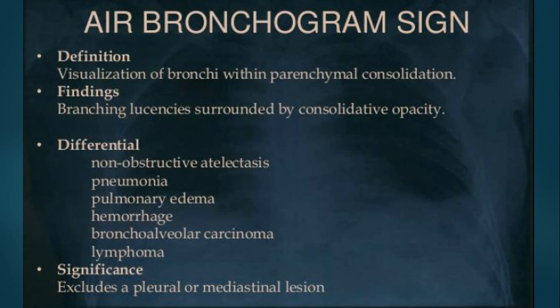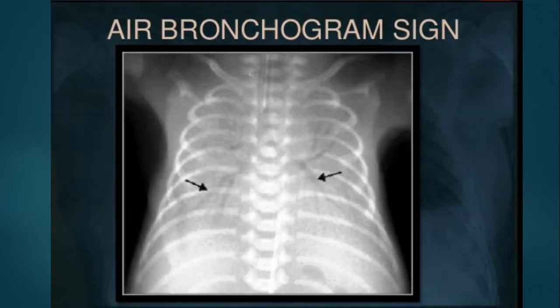And what's the significance? It helps us to exclude a pleural or mediastinal lesion, because when you see an air bronchogram, this means that the abnormality is in the lung. It's not in the pleura, it's not in the mediastinum. For example here, this is a chest X-ray of a child, and you can obviously see that both lungs are whitish.